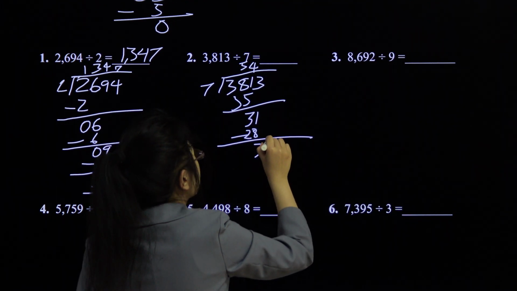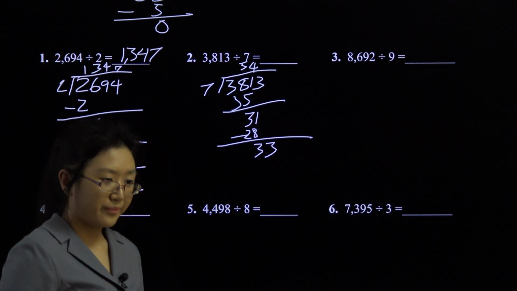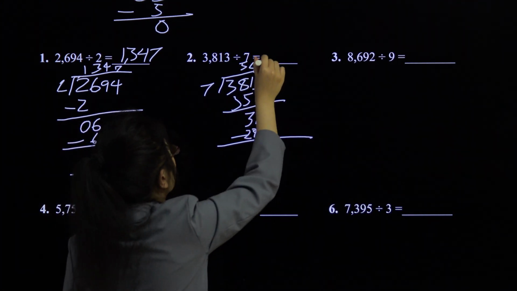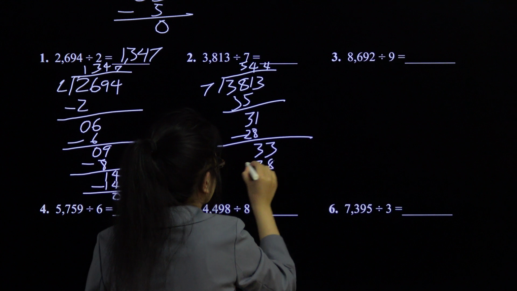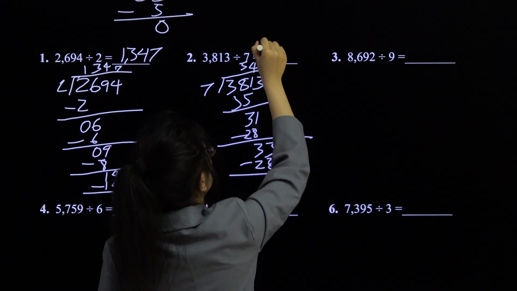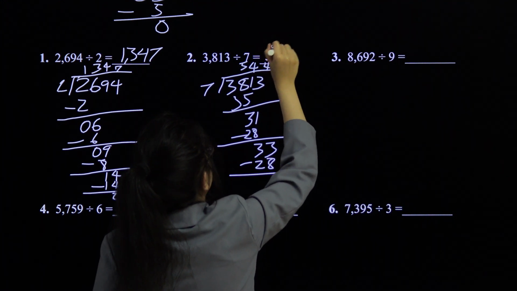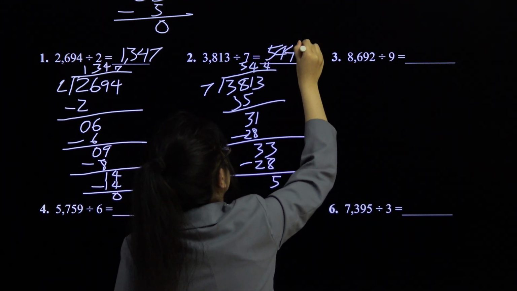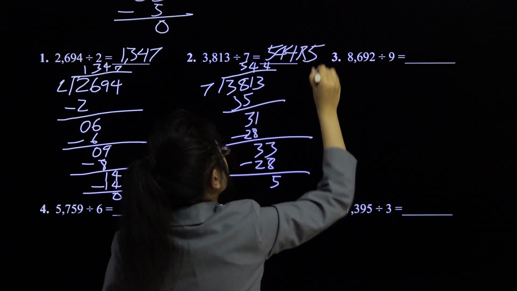You drag down the next number, and it's 33. 7 goes into 33 4 times again, with a remainder of 5. Our solution is 544 remainder 5.